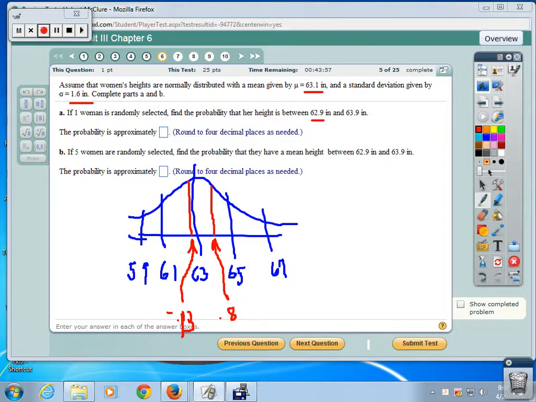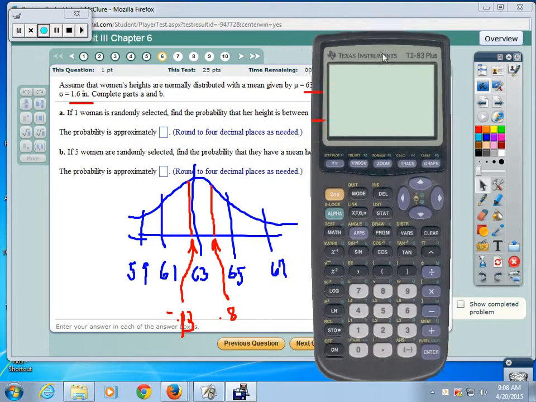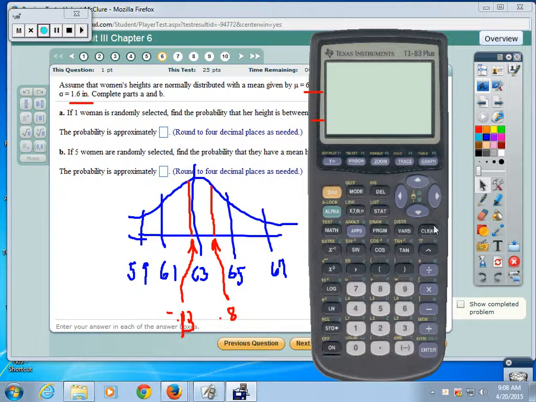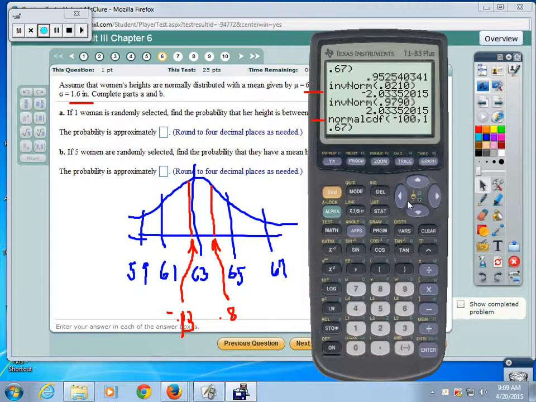So you take your handy dandy calculator and type in second, and you're back to normal CDF. And we're going to type in negative 0.130.